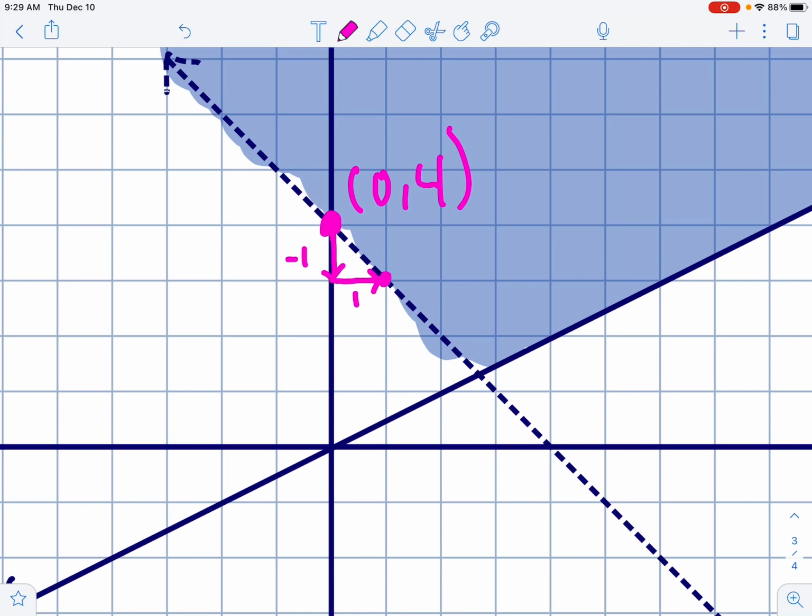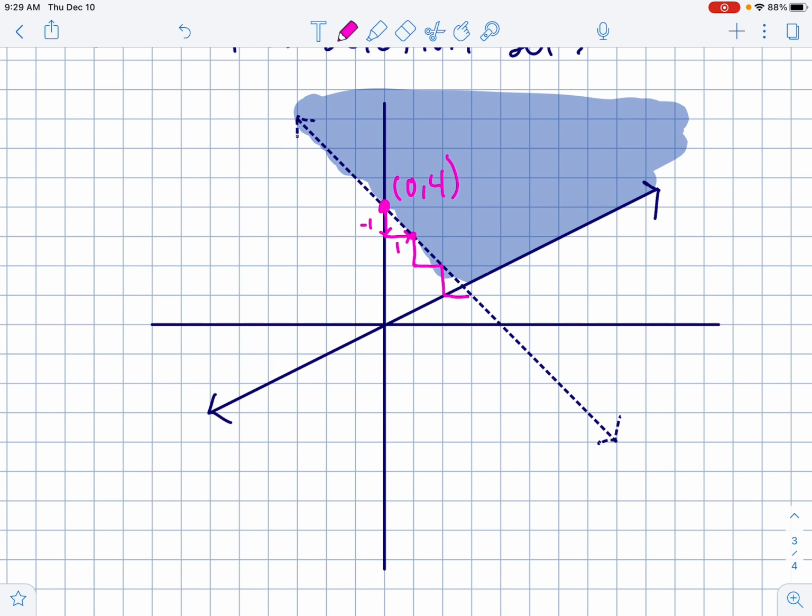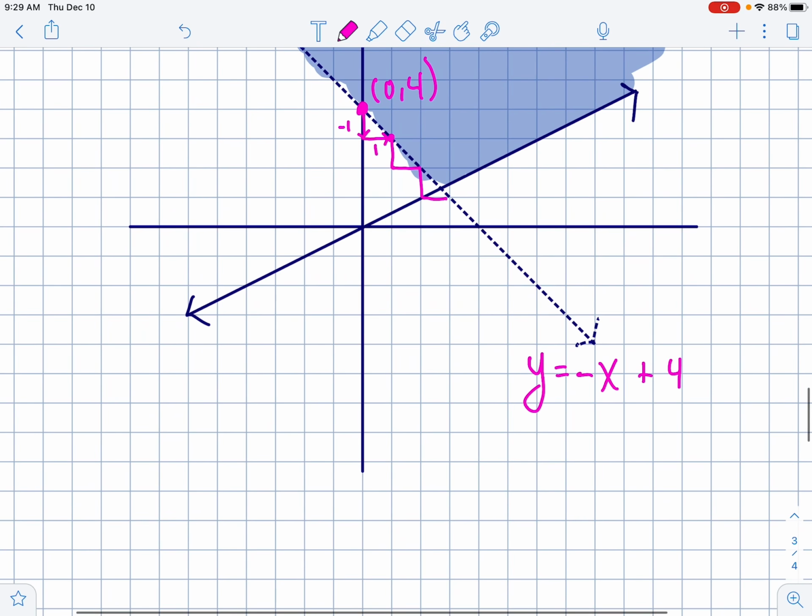So that's down 1, so this is minus 1, and then over a plus 1. So if it were just an equation, it would be y is equal to negative 1 over 1x, but we don't write 1 over 1. We just write a negative sign out in front. And then the y-intercept is 4.